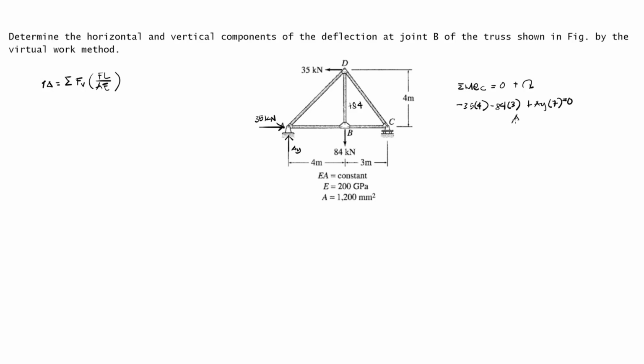So what is AY? Please solve. AY is 56 kilonewton. Then we can solve for CY: 84 minus 56, that is 28 kilonewton. So we have solved all the reactions.